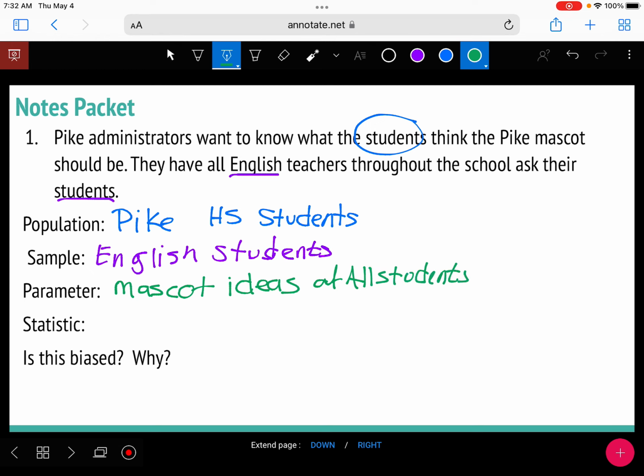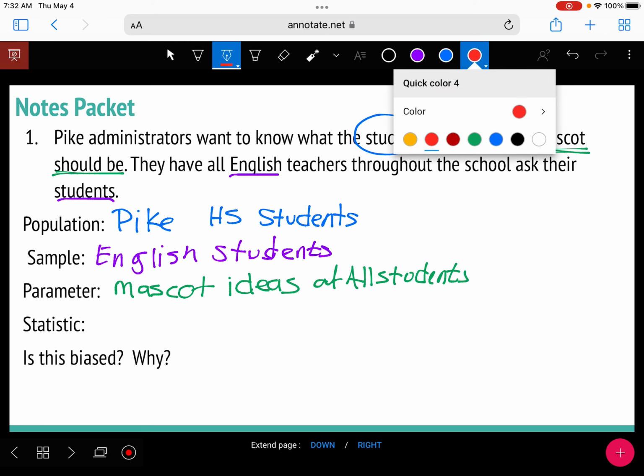This one starts to feel a little weird here. Pike wants to know what the Pike mascot should be. So I'm going to give you the statistic on this because we've run out of options for things to name.